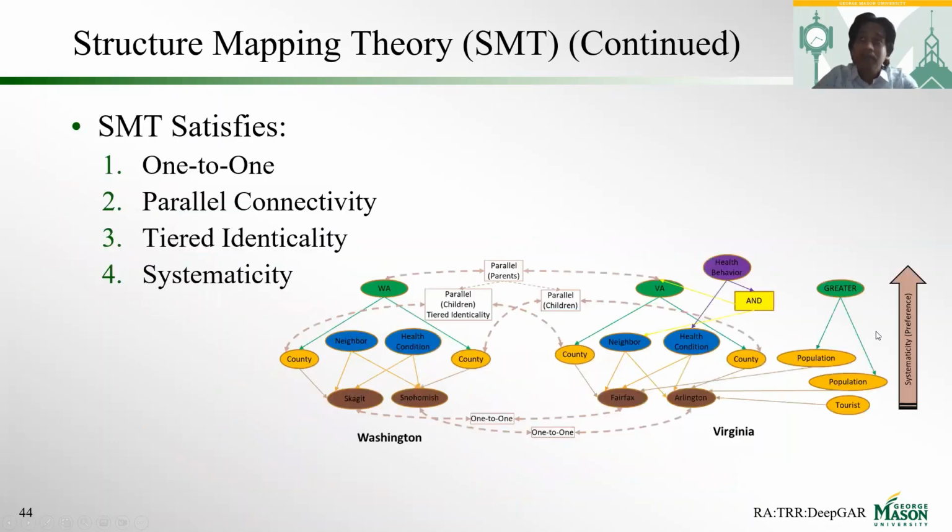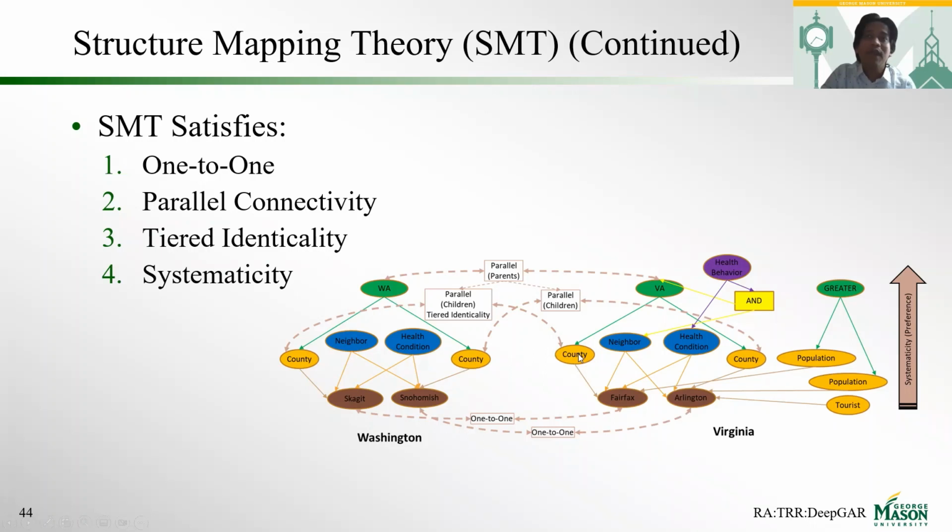But you need to maintain four things, mainly for SMT. That is one-to-one mapping, how you map one-to-one. Another thing is parallel connectivity. These are parallel. You see, this county versus county, county versus county at the same level, parallel connection. Then tiered identicality. Tiered identicality is kind of a tricky thing. It is not necessary that this county matches with a county.